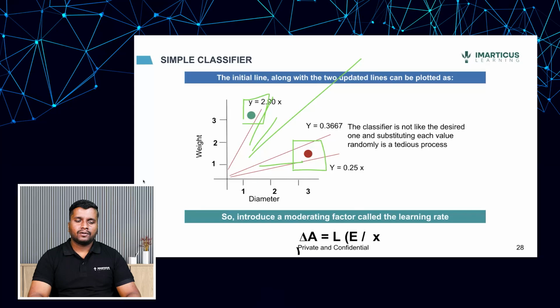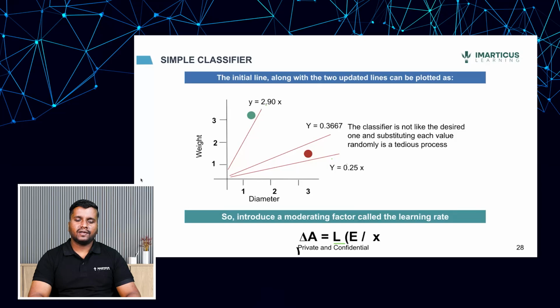So we need to introduce a moderating factor called the learning rate. While we are transitioning from here to here and then back again, we are not going to get a proper classifier. So for that we require a learning rate to moderate the speed of learning, or the speed of improvisation.